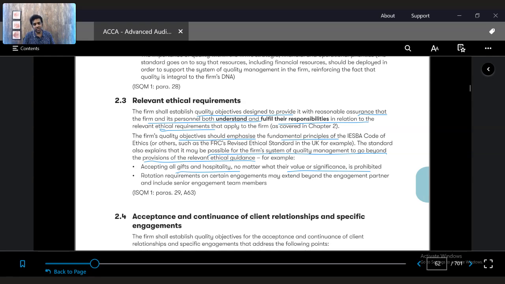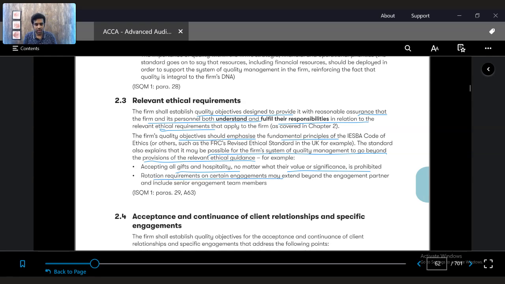So they are not just going ahead and saying, okay, because in the code of conduct it says that if it is of insignificant value, you can accept it. But as a firm, in their objectives, they can establish a tone that any kind of gifts and hospitality cannot be accepted. And if you're accepting it, then you have to face the consequences.